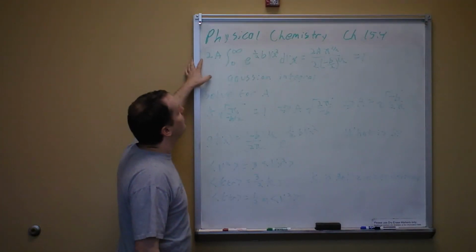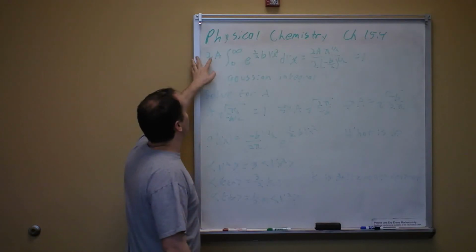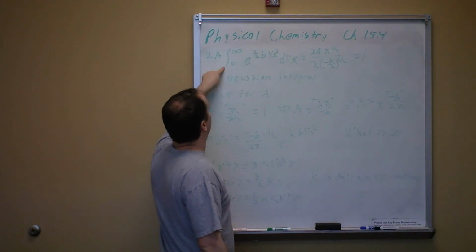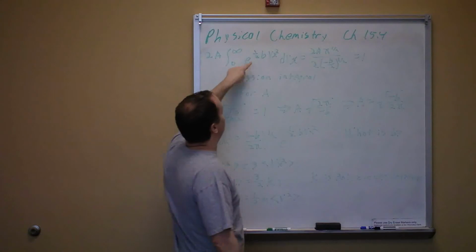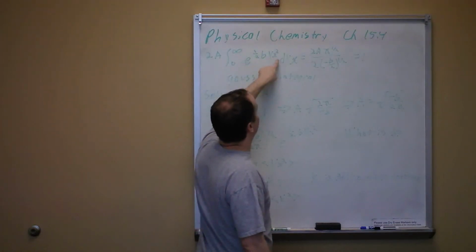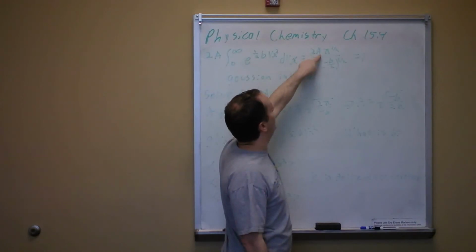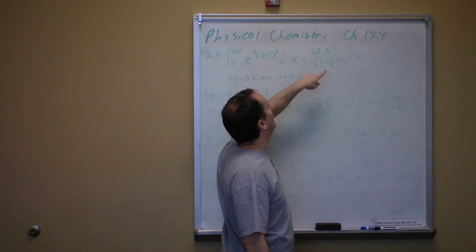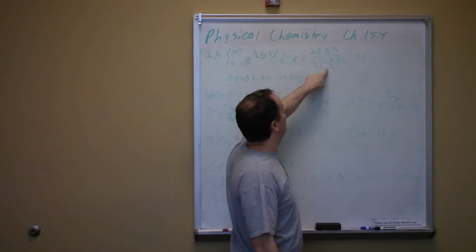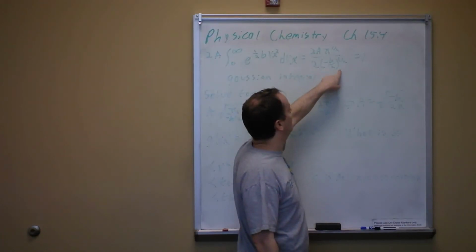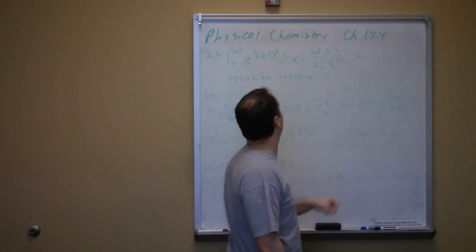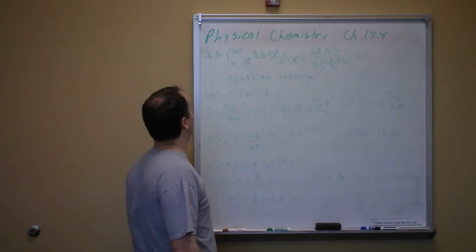Okay, so now, thanks to that table of integrals, we know that 2 times this capital A times the integral from 0 to infinity of e to the 1/2 b vx squared dvx is equal to 2 times this capital A times the square root of pi over 2 times minus b over 2 to the 1/2, equals 1. That's a Gaussian integral.